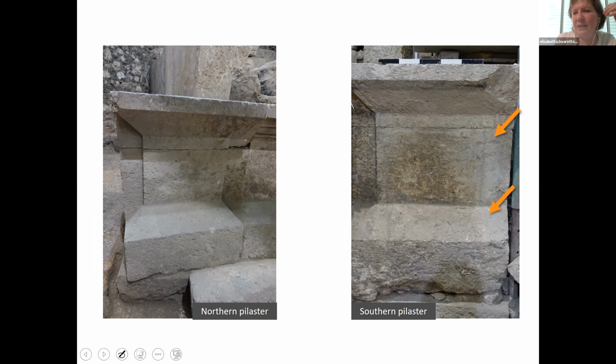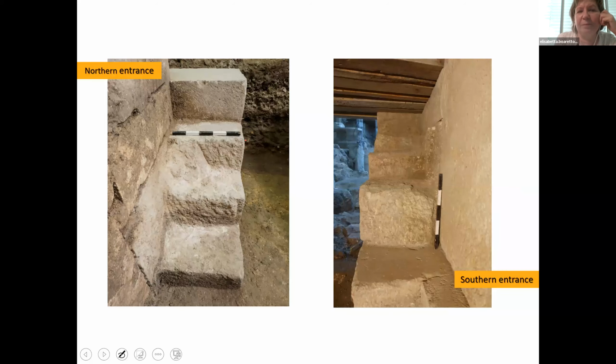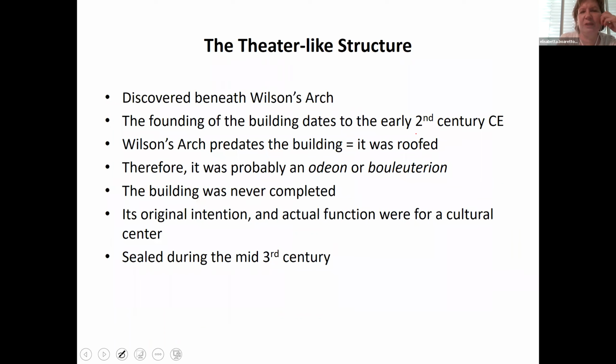And the same appears again here: the stairs in the northern part were not finished, the steps to go up to the seats, while the southern part was finished. What happened here? Why was this nice Odeon not finished?